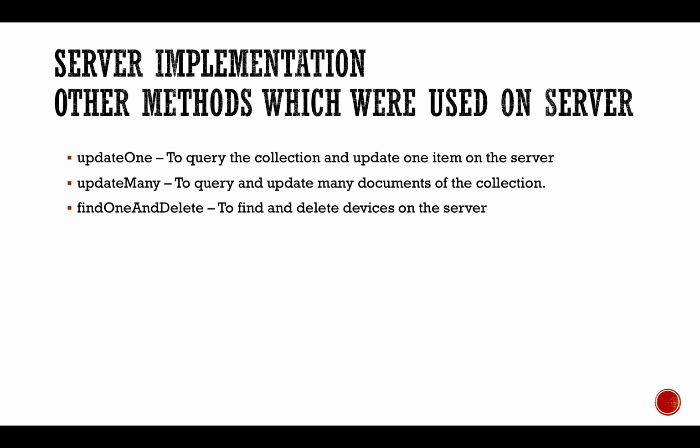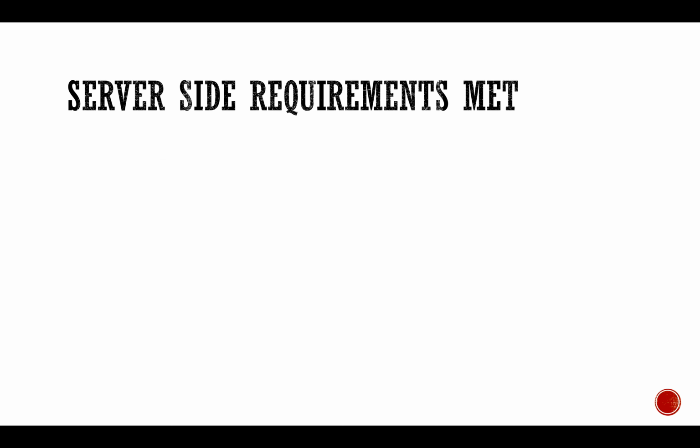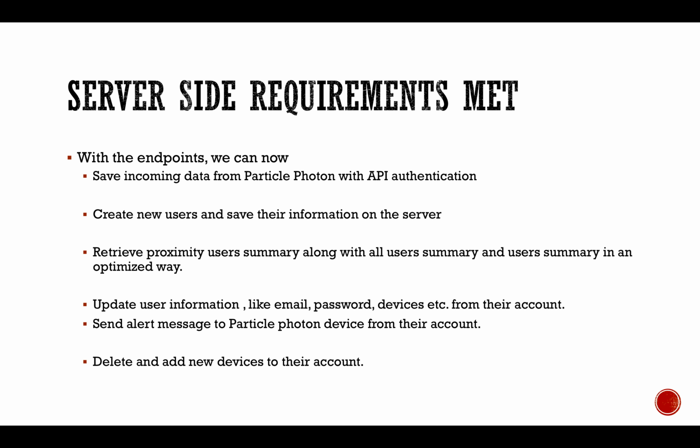Other methods used on the server for the endpoints are update one, update many, and find one and delete. The server-side requirements that we met: we have created endpoints that save incoming data from a Photon device with API key authentication. We can create new users and save their information.